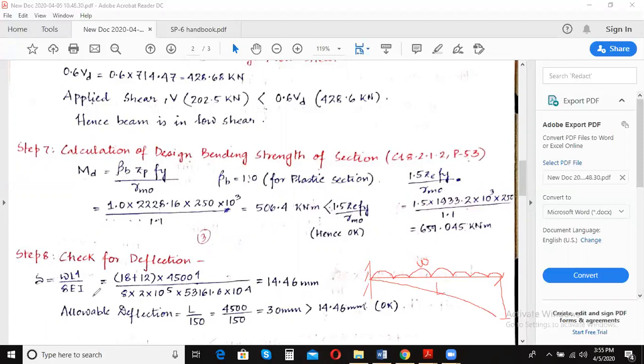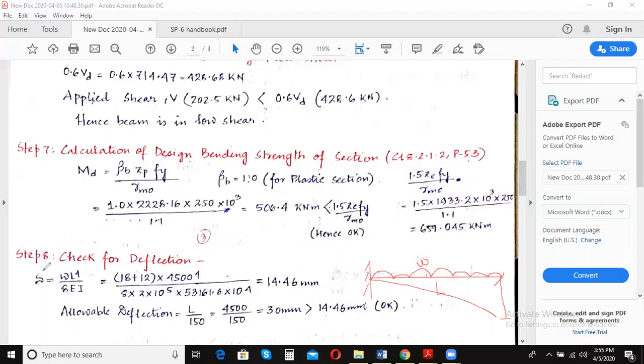So you have to calculate the deflection using this formula, and you have to check with the value of allowable deflection. The allowable deflection for a cantilever beam is L by 150. L is the total length, that is 4.5 meter or 4500 millimeter divided by 150. It is coming out to be 30 mm.